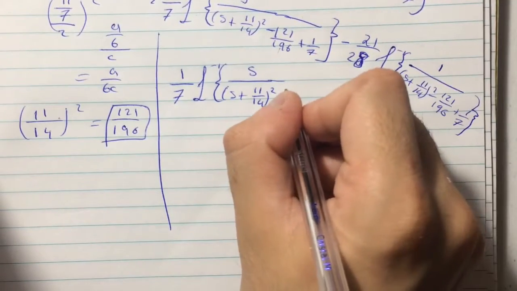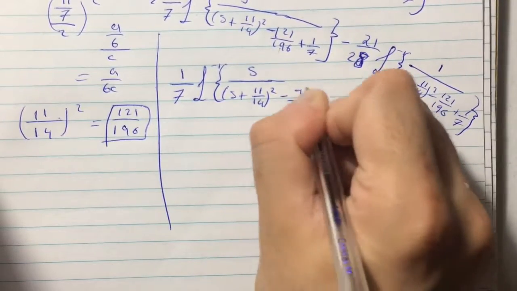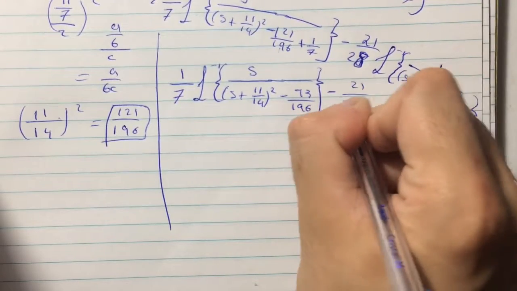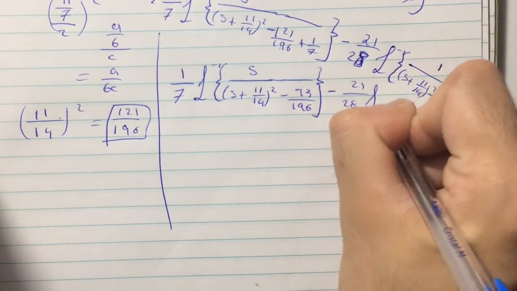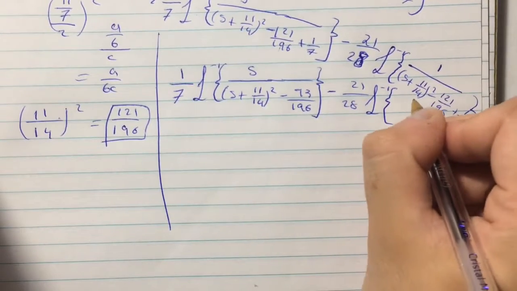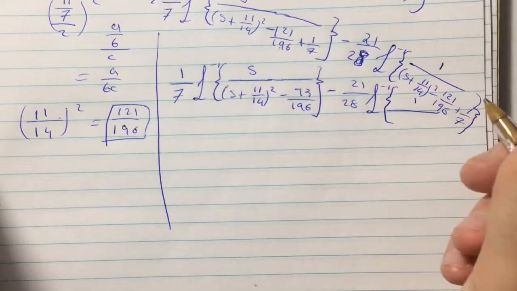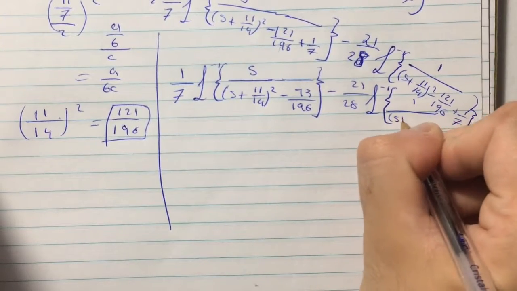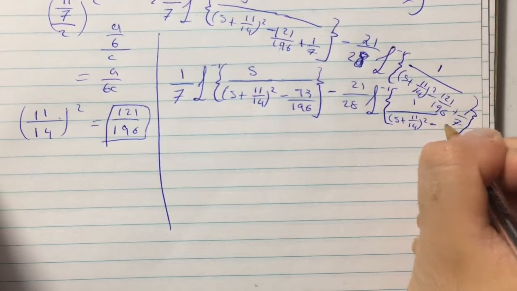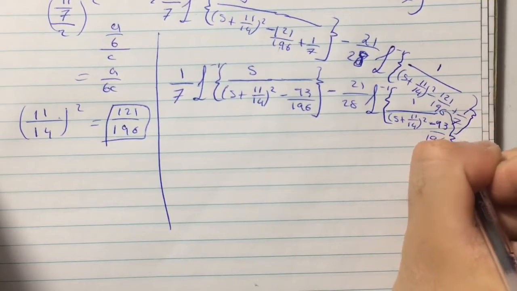And then that's minus 93 over 196. And then that's minus 21 over 28 inverse Laplace transform of 1 over, oh, this is getting a bit awkward, isn't it? s plus 11 over 14 squared minus 93 over 196.